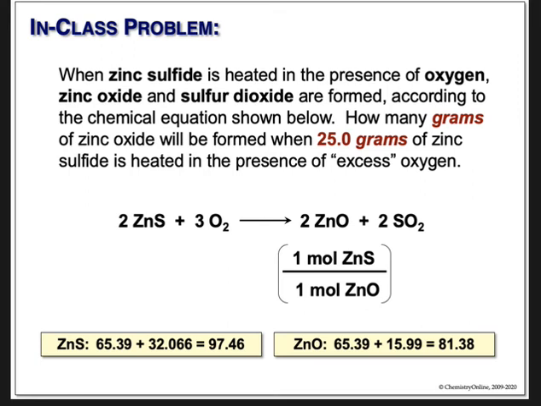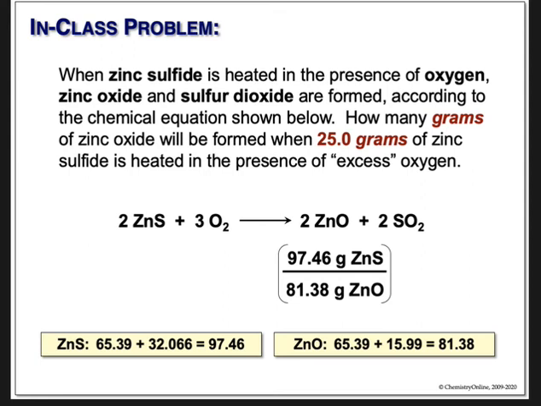So instead of writing a mole ratio like that, we can just write it this way. 97 grams is the same as 1 mole, and 1 mole of zinc oxide is the same as 81 grams. So we just convert them to mass.